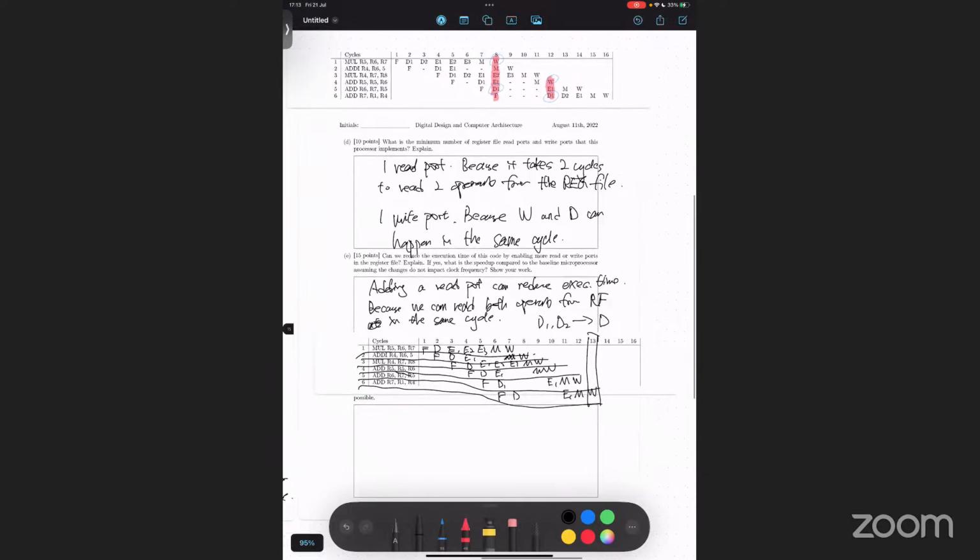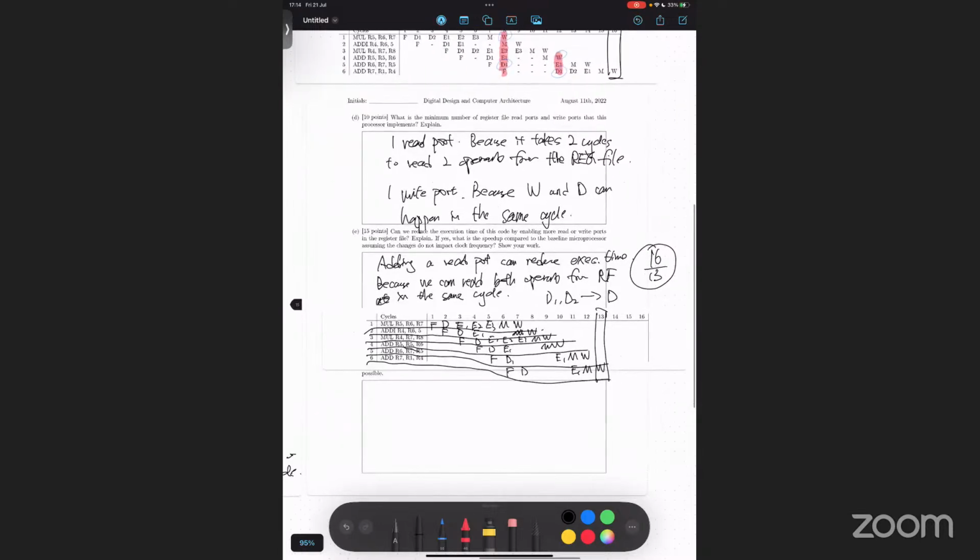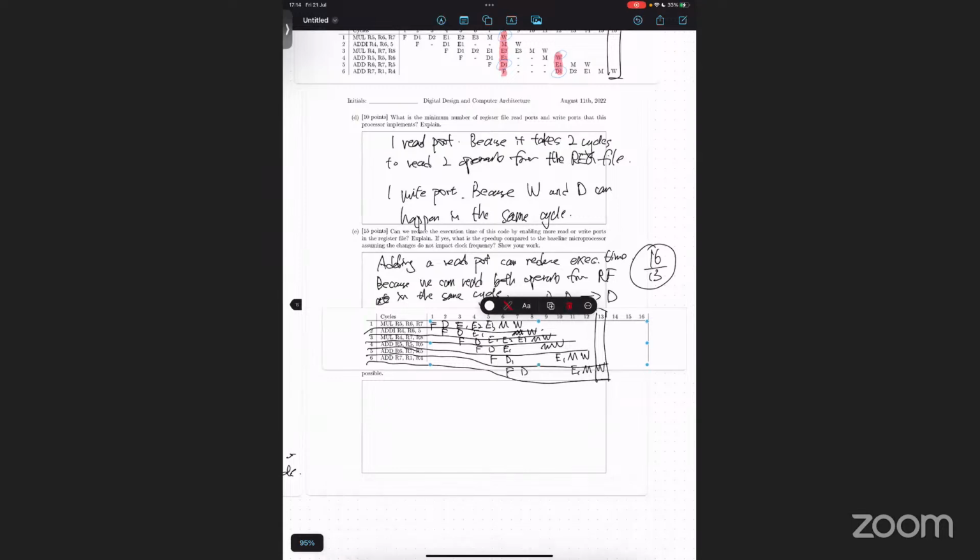So the speed up is just the old number of cycles, 16, over 13. So 16 over 13 is our speed up by adding one more read port.